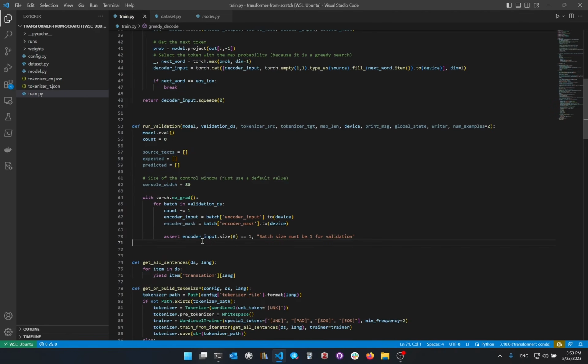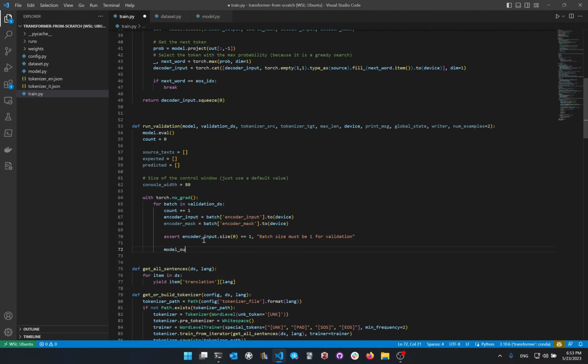Now we can use it here in this function, so in the validation function. So we can finally get the model output is equal to greedy decode, in which we give it all the parameters.